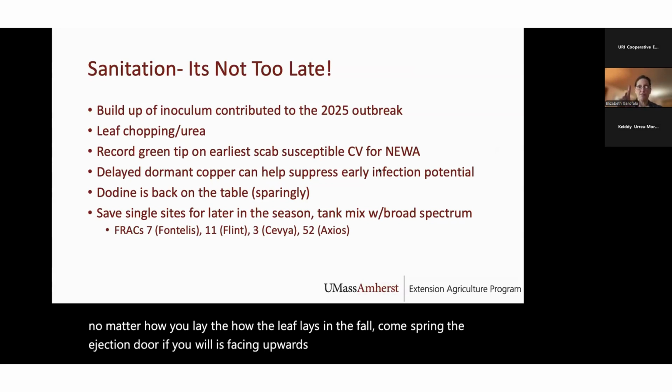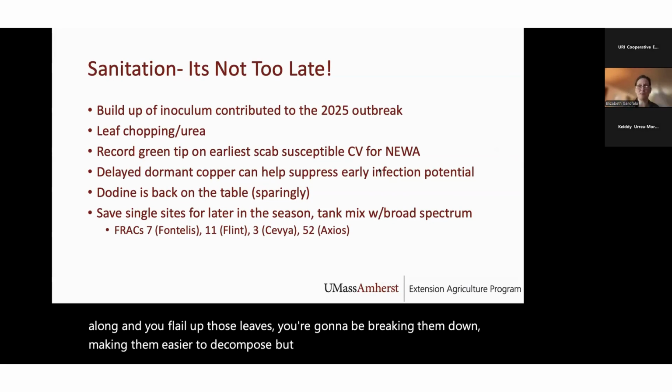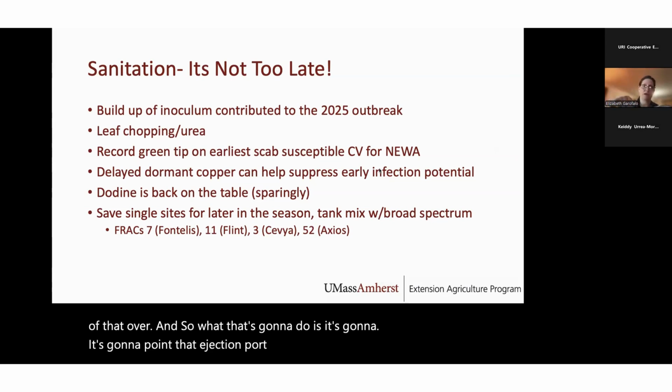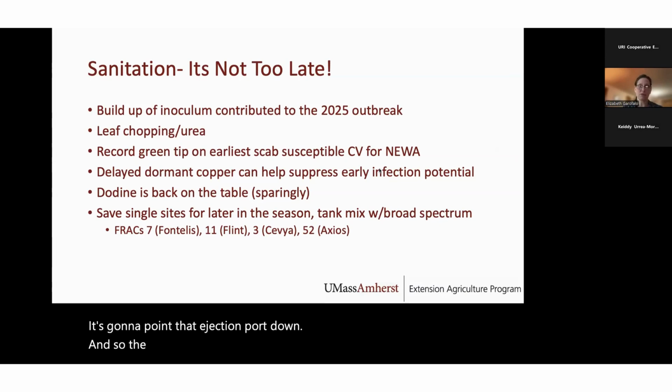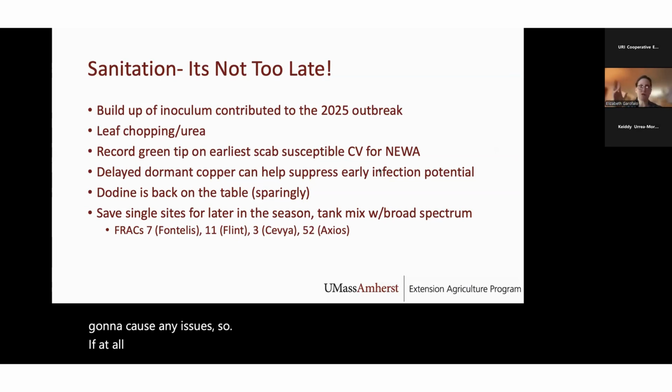So if this time of year you come along and you flail up those leaves, you're going to be breaking them down, making them easier to decompose, but you're also going to be flipping some of that over. And so it's going to point that ejection port down. And so the spore, when it ejects, will just go to the ground and it's not going to cause any issues. So if at all possible, get in the orchard and get your sanitation done.